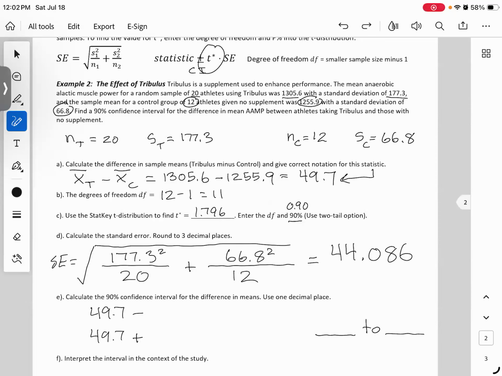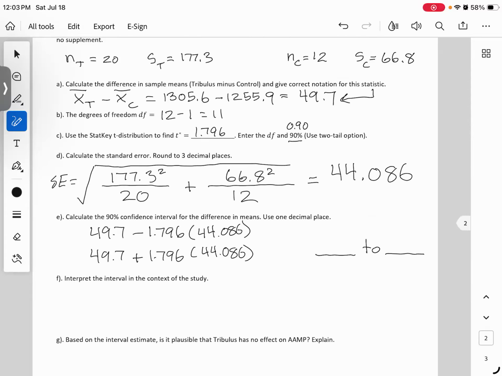That's going to allow us to get the appropriate width that we're interested in. So 1.796. And then our standard error is what we just got a few moments ago. And this is what you would put in your calculator to get your lower bound and your upper bound.